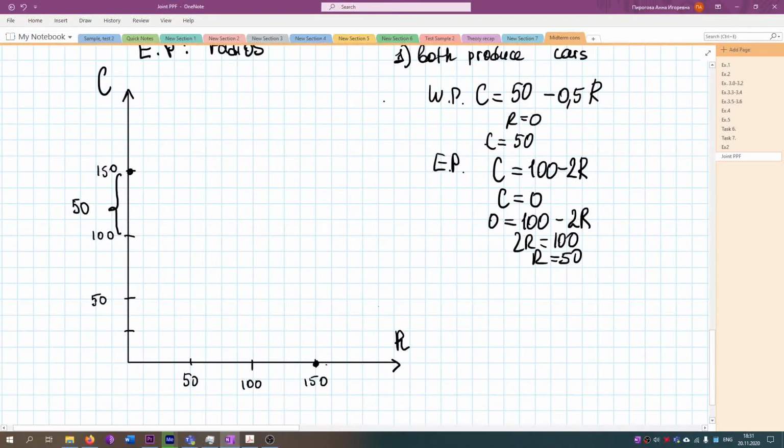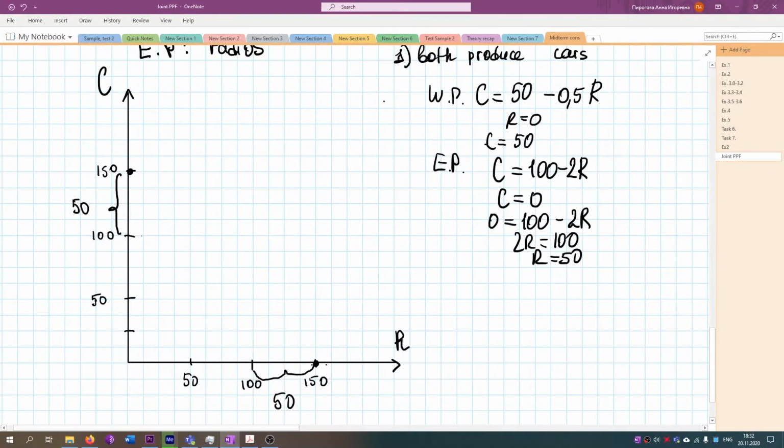So we know that Eastern production will produce 50 radios, and we need to take this amount from the x-axis.